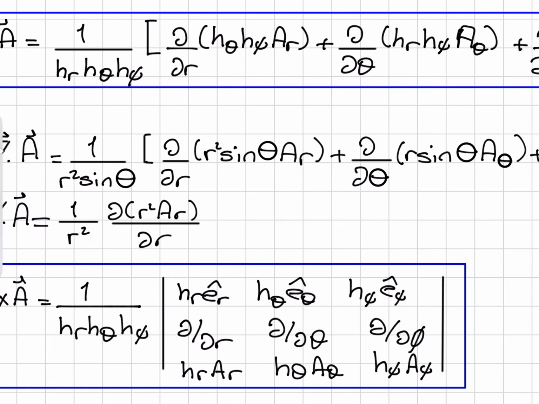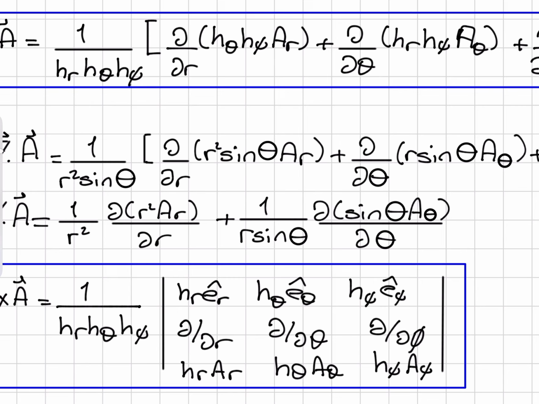As for the second term, you can see that r is not affected by the theta derivative, so this will make this 1 over r sin theta. So the second term is 1 over r sin theta ∂(sin theta A_theta)/∂theta.